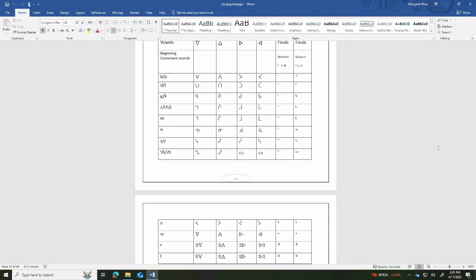Je, ji, jo, ja. Me, mi, mo, ma. Ne, ni, no, na. Se, si, so, sa.